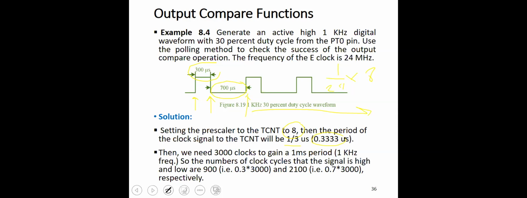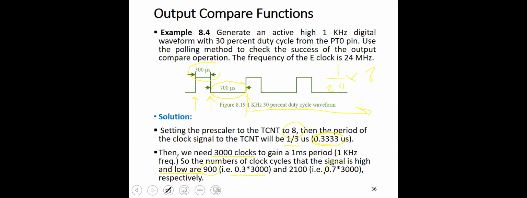So what is the number of increments in order to have 300 microseconds? We need 3,000 clocks. 3,000 clocks times 0.33 will give us the number of increments that we need to add, which is almost 900 increments.